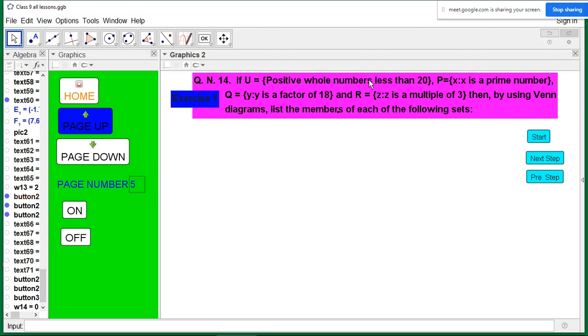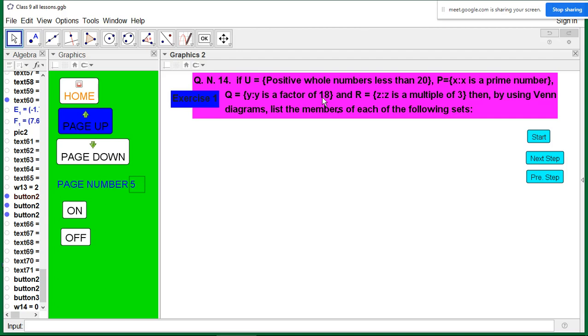Now moving to set Q, y such that y is a factor of 18. Can you tell me the factors of 18? We can write 1, 2, 3, 6, 9 and 18, because they are the possible factors of 18.